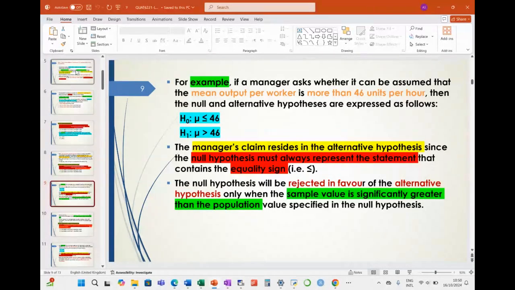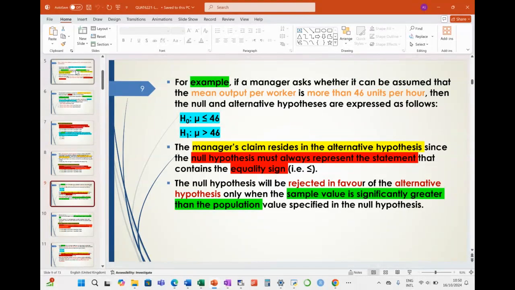Right. So here they're saying the manager's claim resides in the alternative hypothesis. So the claim is not always in H0. It can be in either. Because remember, we have a condition when it comes to H0. H0 must always have the equal sign within it. All right?